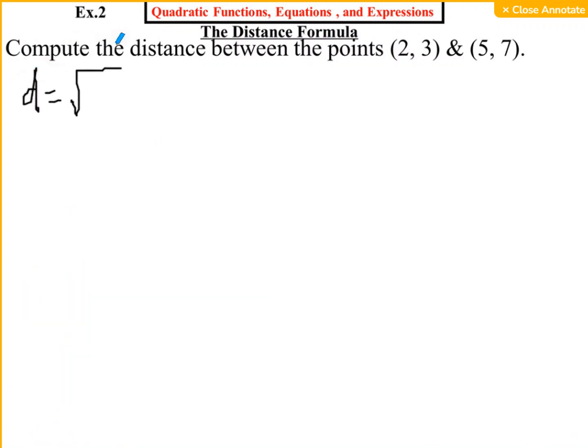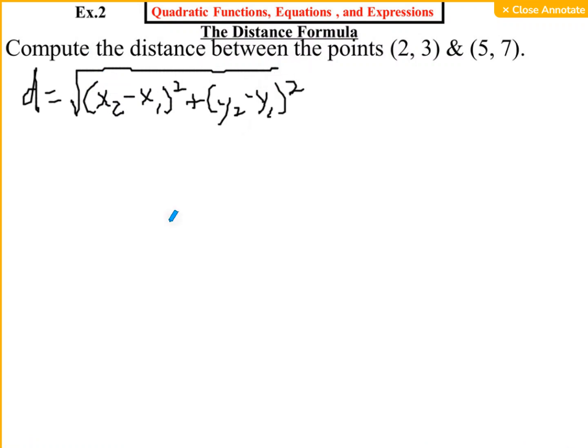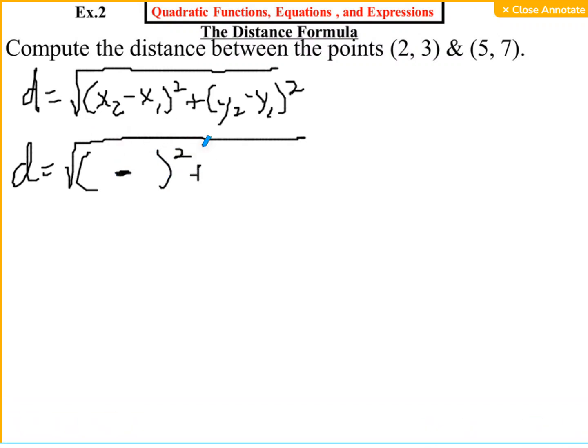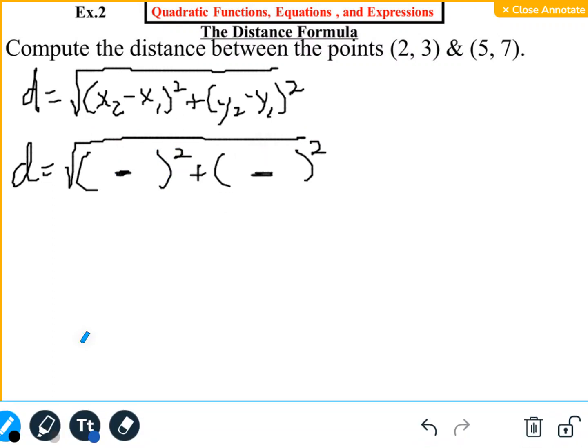D equals square root, parentheses, x sub 2 minus x sub 1 squared plus y sub 2 minus y sub 1 squared. Then you rewrite it again, but with blanks. D equals square root, parentheses squared with a negative in the middle, plus parentheses squared with a negative in the middle.